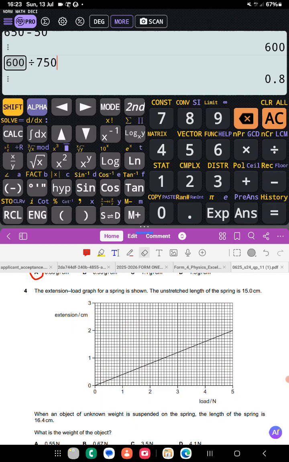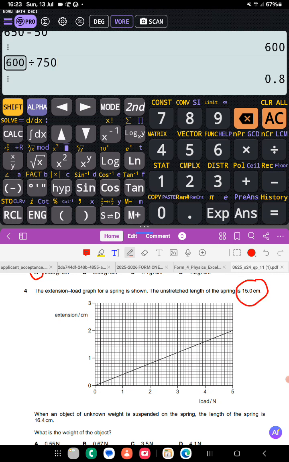We have extension plotted on the y-axis, and the weight or load on the x-axis. When the object of unknown weight is suspended on the spring, the length of the spring is 16.4. But remember that the unstretched length is 15.